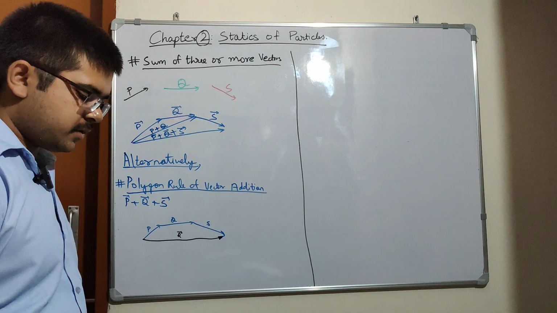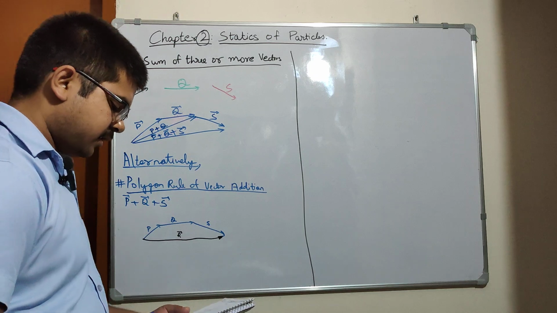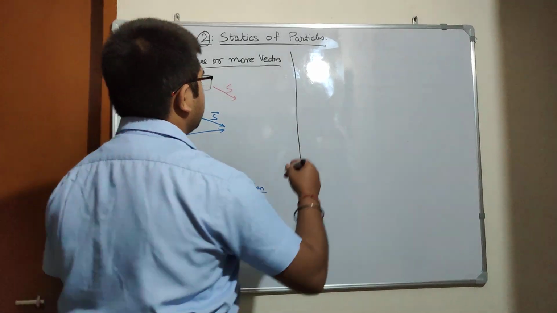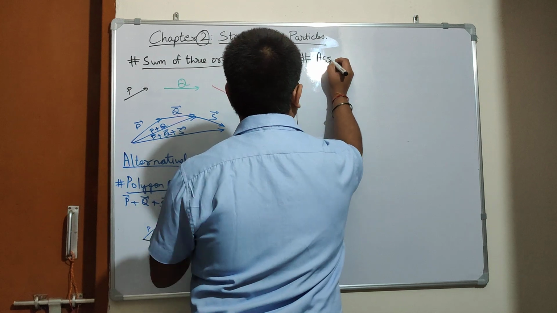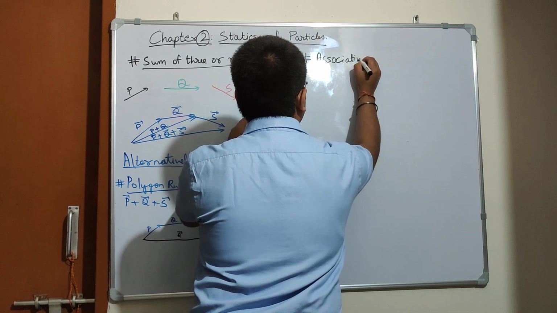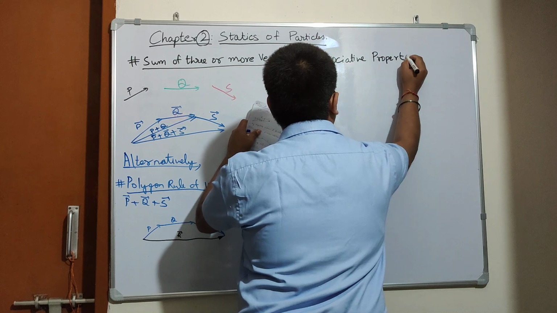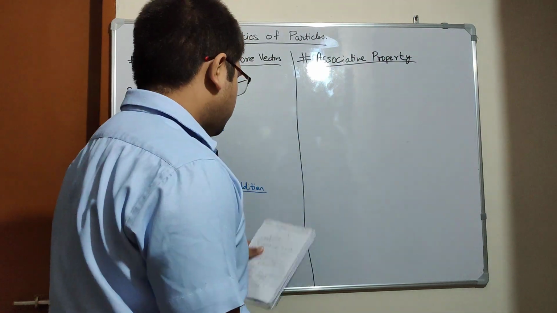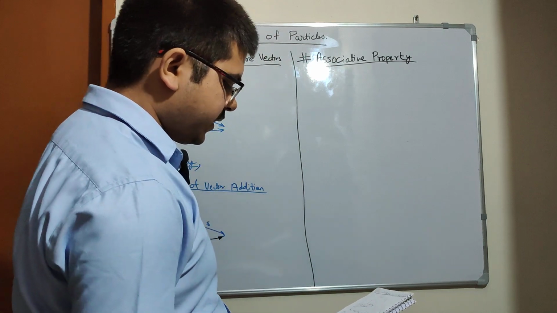Now we come to a property of vector which is associative property. The order in which several vectors are added is immaterial.